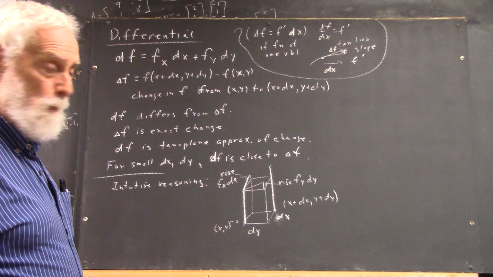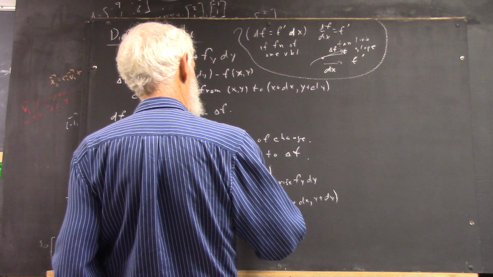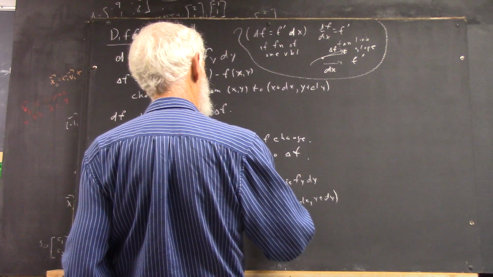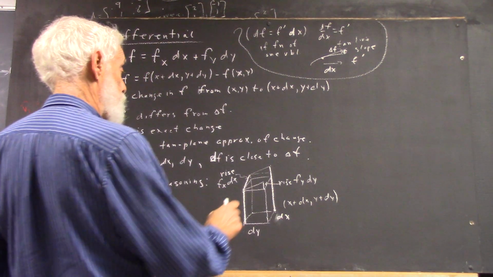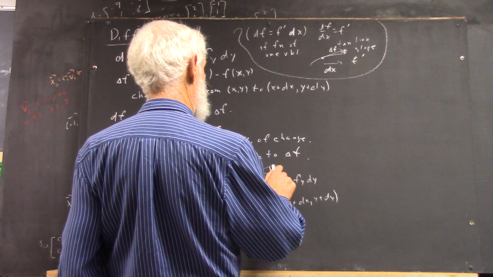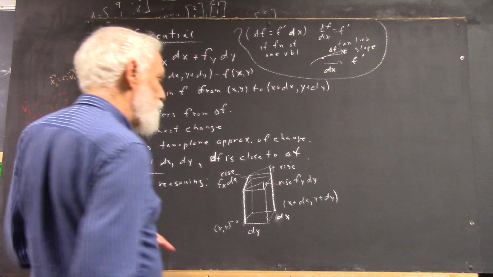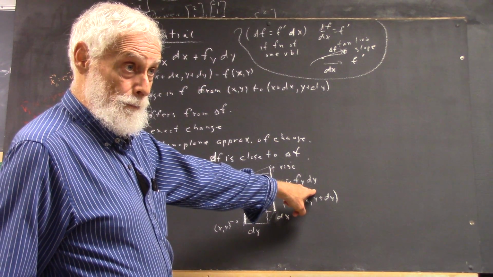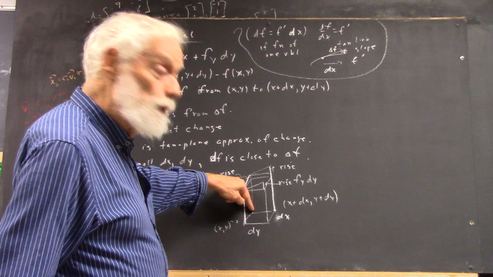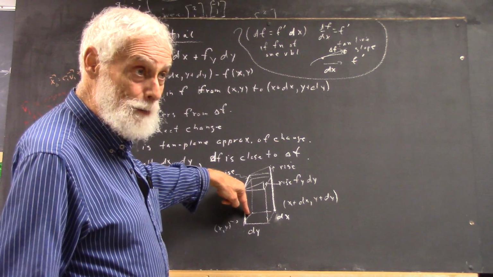Okay? Now, from here to here, you're going to have a rise. Okay? So from here to here, your rise is not necessarily the same as fy dy, because you've moved to a different point here, and the derivative at this point is going to be different, right?